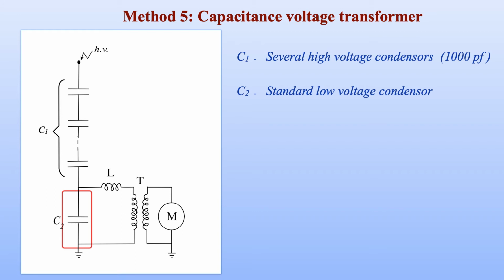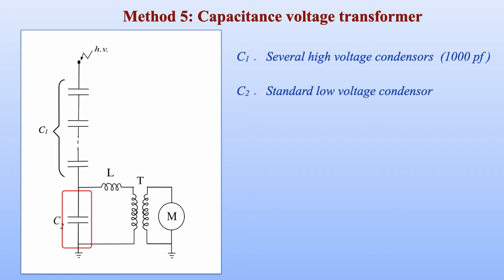If we take a closer look, this method is actually a capacitance potential divider itself, but getting rid of the shielding and that specific arrangement, as the single capacitor C1 is now replaced by several capacitances connected in series. But the basic circuit is only capacitance potential divider.